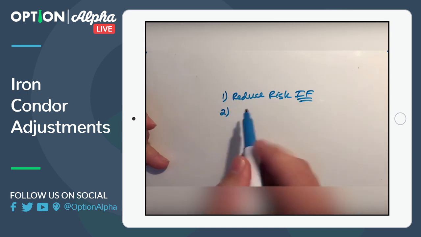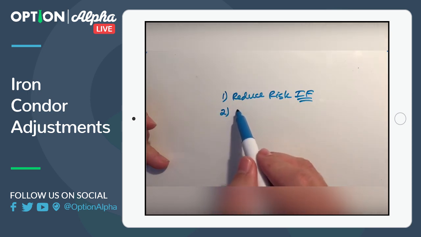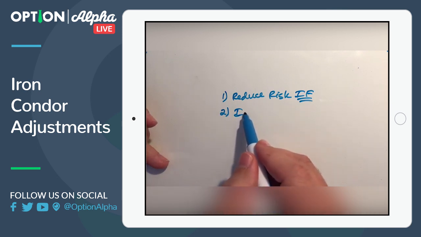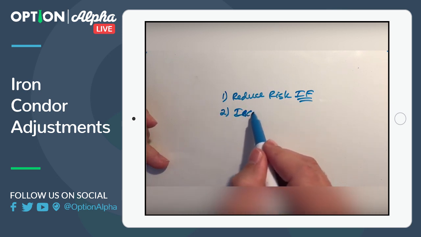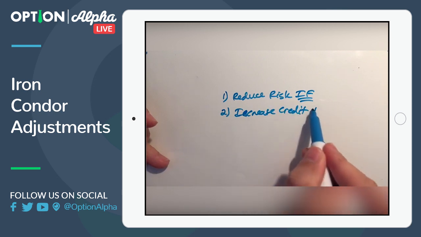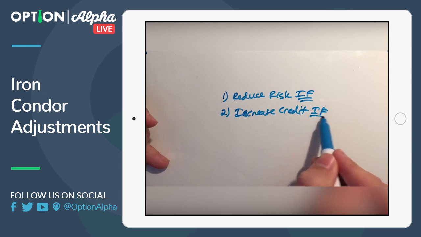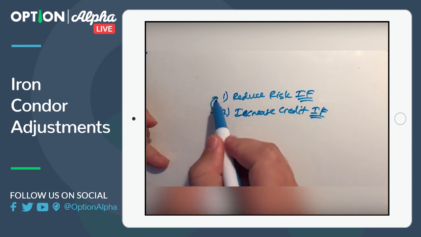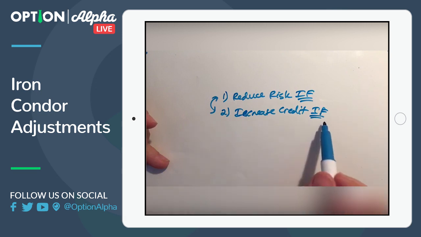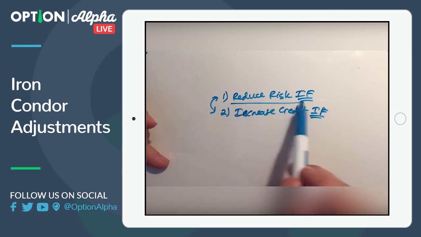The second goal is to increase the credit and potential profit if the stock moves back. But a lot of people get this all mixed up and do number two over number one. They try to increase their credit because they want to make more money if the stock moves back, but they don't really think about reducing risk.